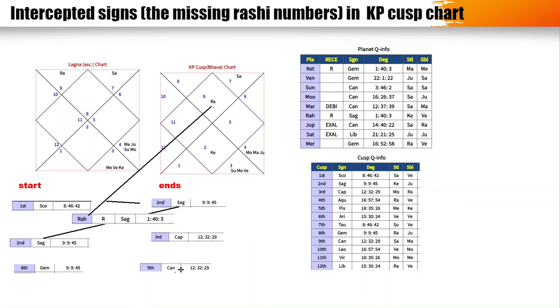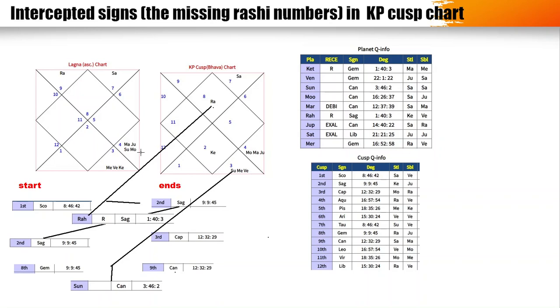And now if you look at the degree of the sun, you find that the sun is in Cancer 3 degrees, right? So the sun is going to be here. So that's why you find that the sun is in the 8th cusp over here.